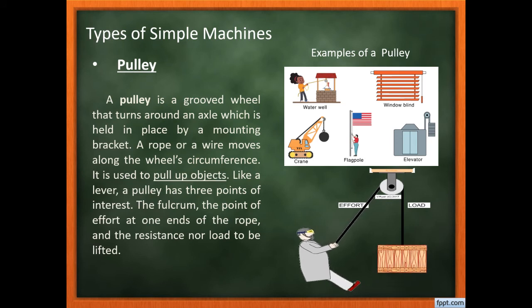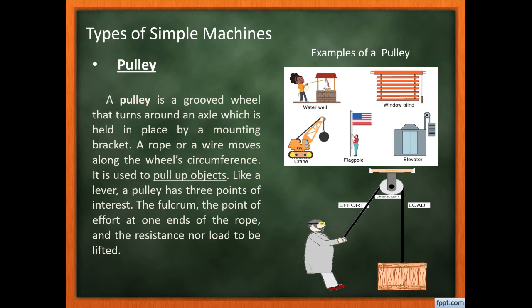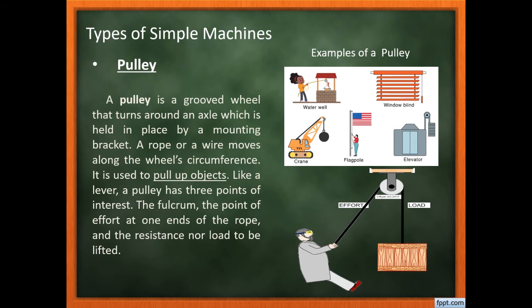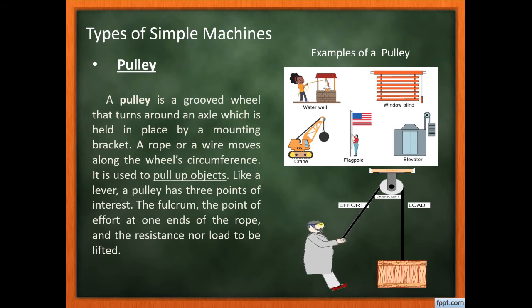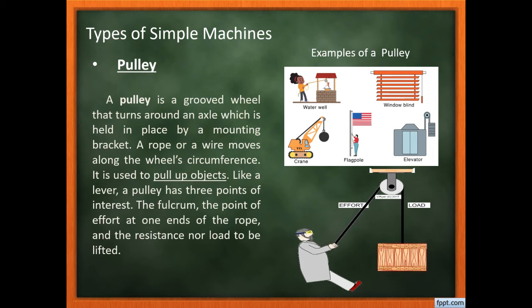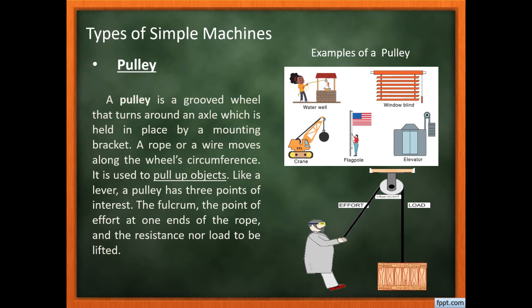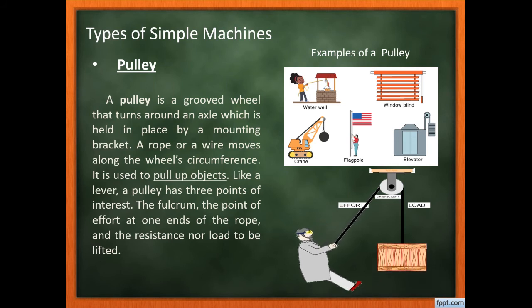Like a lever, a pulley has 3 points of interest: the fulcrum, the point of effort at one end of the rope, and the resistance or load to be lifted. As you can see, the man is holding the end of the rope, which is the effort, and the object being lifted is the load.